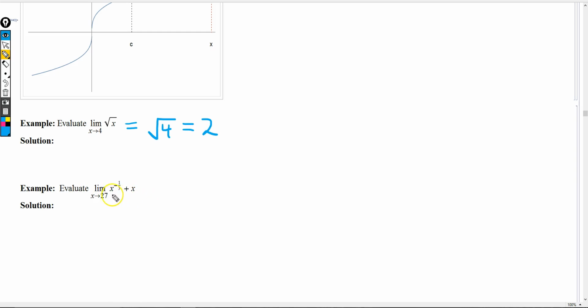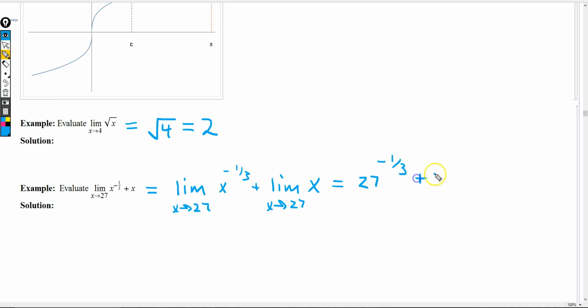This one down here, well, once again now, technically we have to break this limit up, but you can just plug the 27 in for each x, right? So technically we break it up, and that's just going to be 27, this part right here, by our radical theorem, negative 1/3 plus 27.